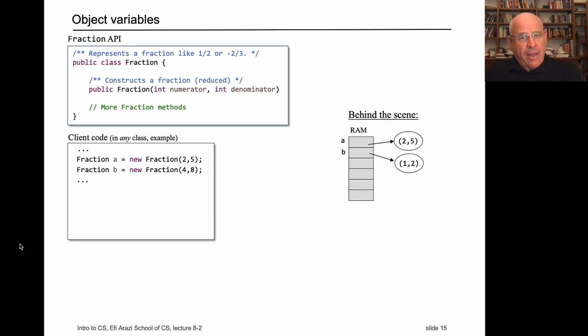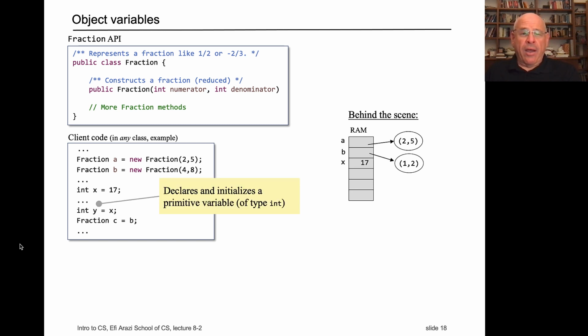So let's take this example a few steps further. Suppose that now the client code defines a variable that has a primitive data type like int, x equals 17. Let's look at the memory. This is how this variable is going to be represented. And then suppose we define a new variable y, which equals x, and the new object variable, Fraction c, which equals b. What are we going to see in the memory?